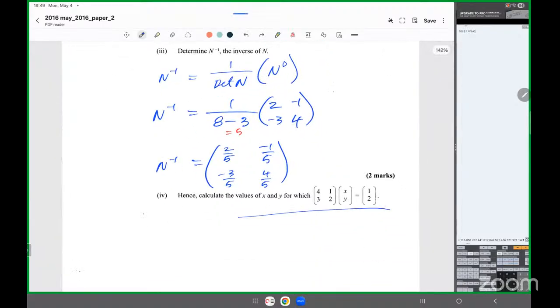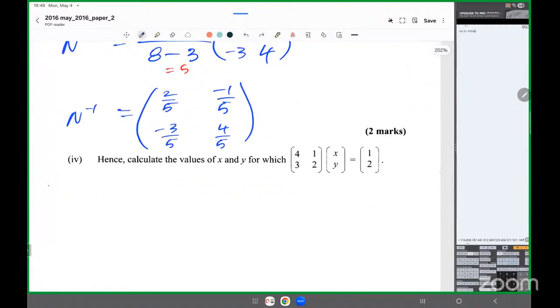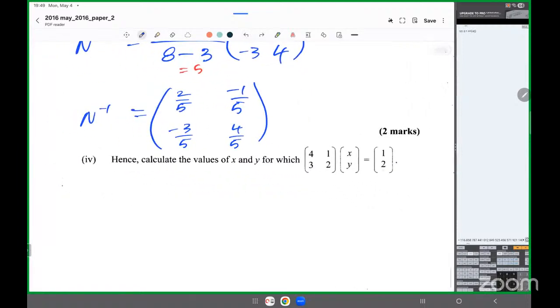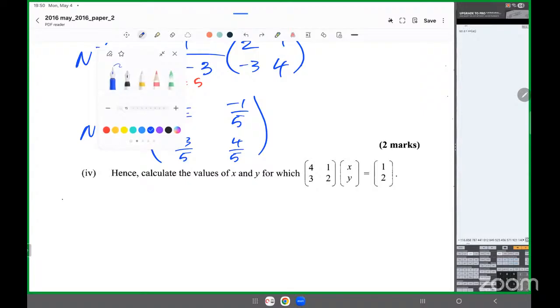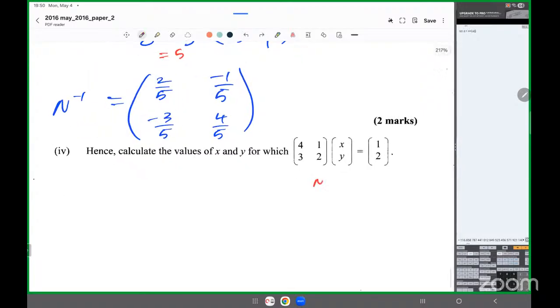Which is what they wanted to do right here. See? It says, hence, take the value of x and y where this time is equal to that. Note that this is actually the n matrix right here. So this is n times xy.